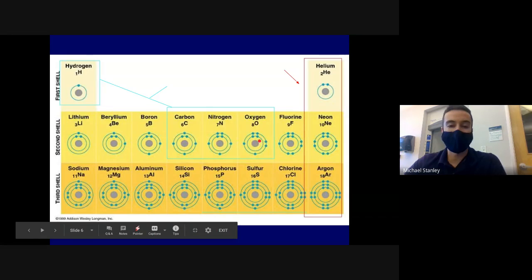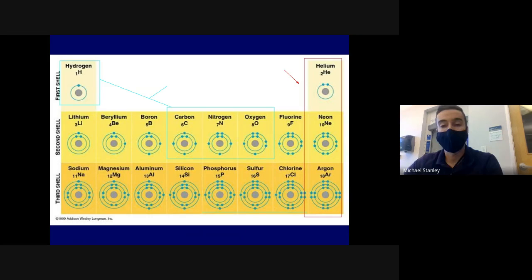So oxygen and sulfur have the same number of valence electrons. It just differs in which shell those valence electrons are on. So I just wanted to illustrate that whenever we talk about valence electrons, we're talking about the outermost shell, and remembering that those atoms want to have 8 electrons on their outer shell.